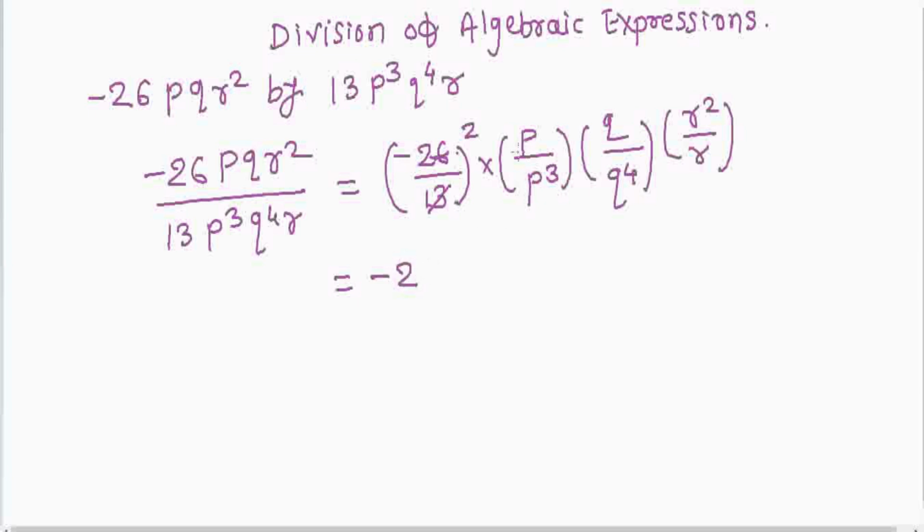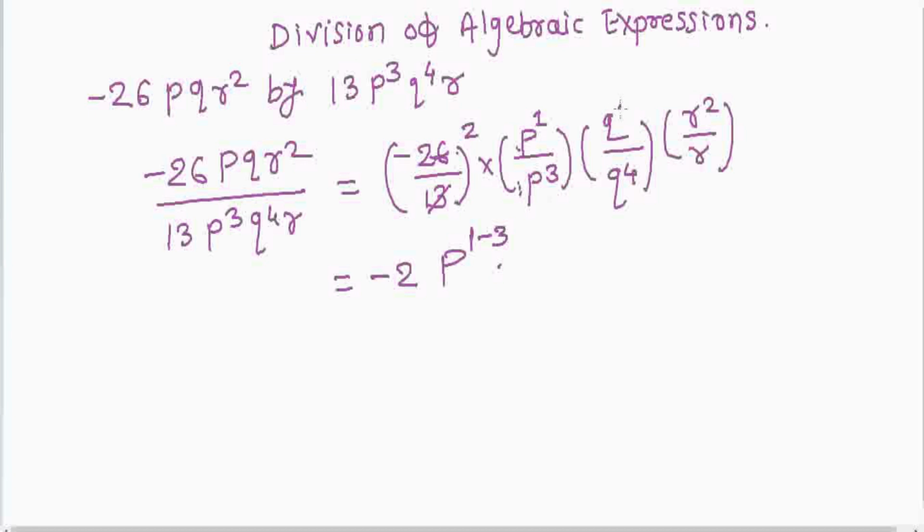And friends, you know from the laws of indices, when the base is similar and there is division, there is a subtraction of powers. Therefore the power of p is 1. If there is nothing shown, then it is 1. So we write this as p raised to 1 minus 3.